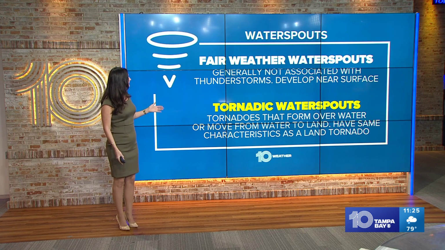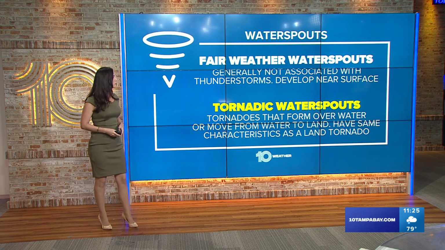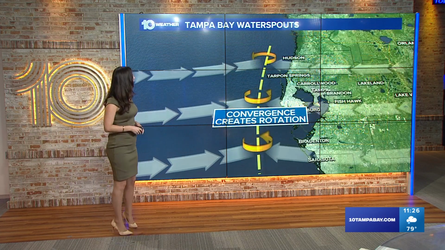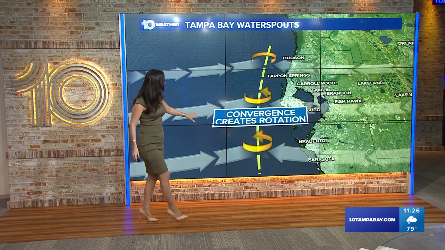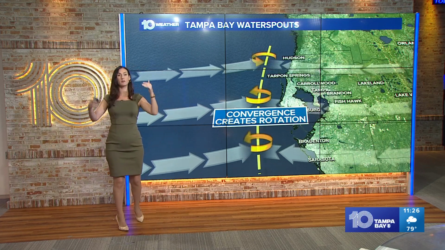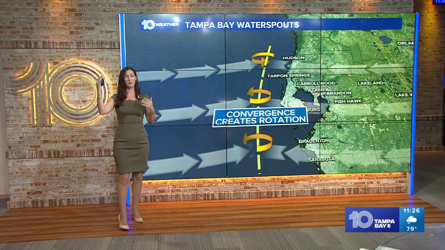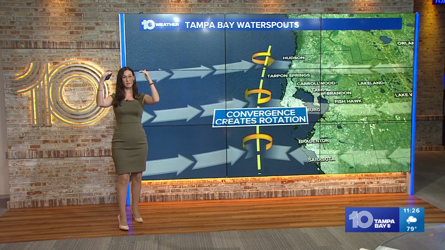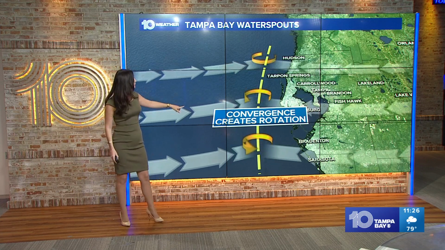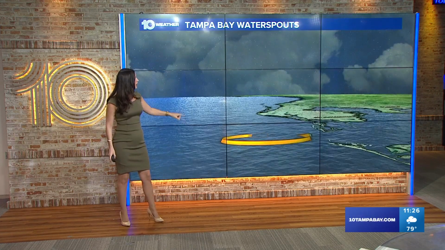But either way you slice it, water spouts form a little bit differently than tornadoes, but you can think of it as a tornado's cousin, if you will. So we have convergence that creates rotation. The difference is a tornado comes from a towering cloud up the top. You get that formation at the base of the cloud, right? Water spouts and land spouts, we went over land spouts not too long ago, form at the ground, at the surface.